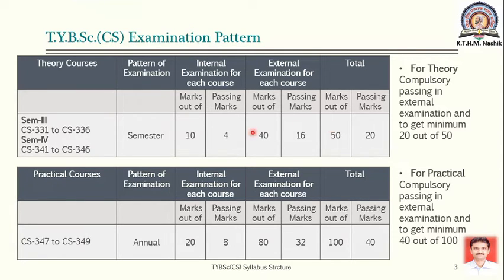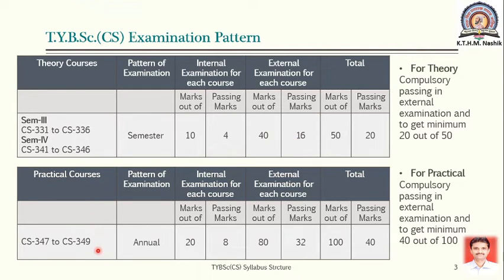Out of that, internal evaluation is for 10 marks and external, that is university examination, will be conducted for 40 marks. About the passing marks, you must get minimum 20 marks out of 50 in total, but minimum 16 marks should be in external examination.